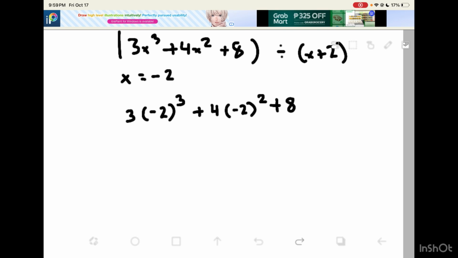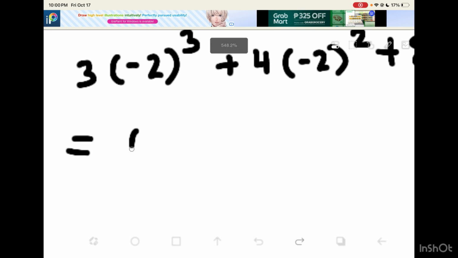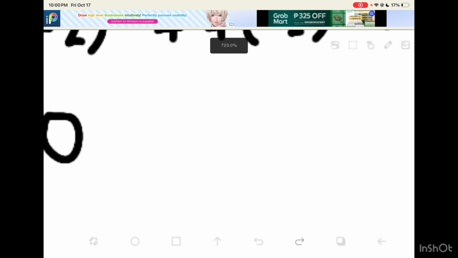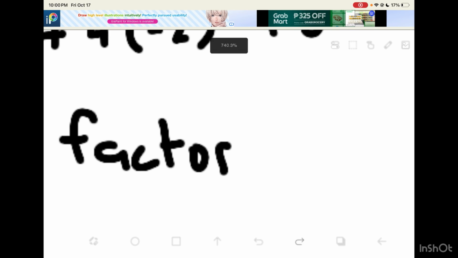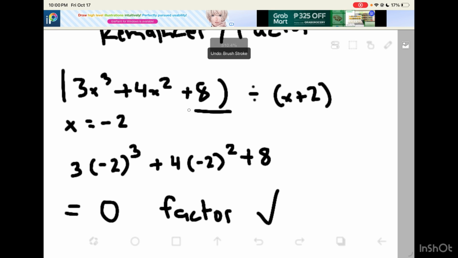So we have 3 times -2 raised to 3 plus 4 times -2 raised to 2, plus 8. So when you equate this one, it should result into 0. And in this case, if it's 0, it's a factor. So this is a factor of this one.